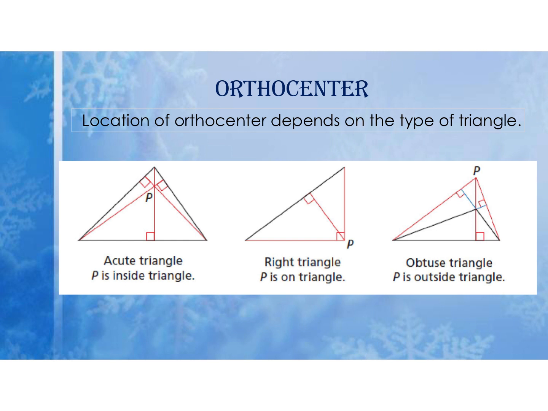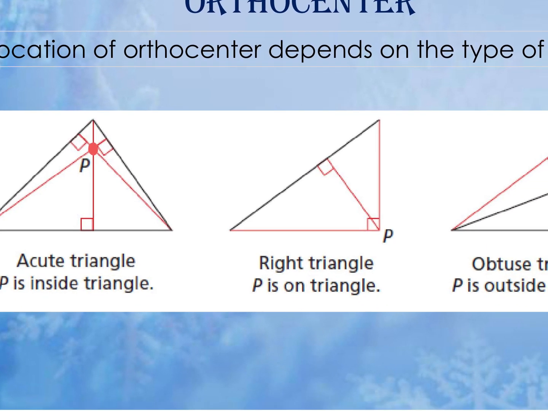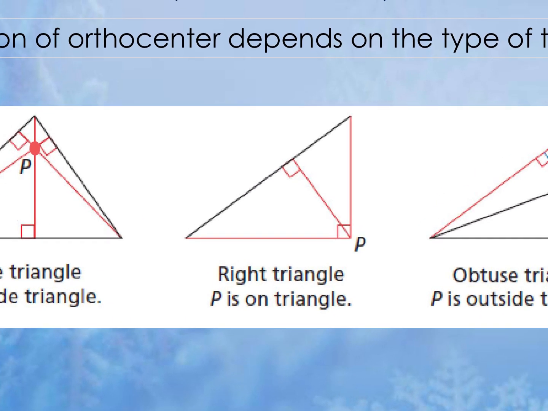Okay, it happens. For an acute triangle, the circumcenter is always inside. Same thing for orthocenter. So go ahead and put a dot at P. And notice for an acute triangle, the orthocenter will always be inside that triangle. The altitudes will stay inside the triangle, so will the point of concurrency. Now, for a right triangle, where's the orthocenter?